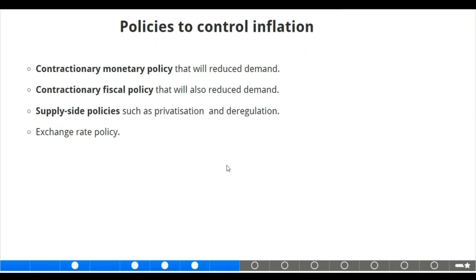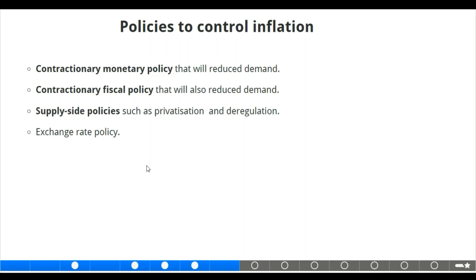Moving to the next slide, we now have the policies to control inflation. Of course, do remember the policies that we have treated in our previous classes. Here we have the contractionary monetary policy that involves increasing our interest rate, that will reduce demand.